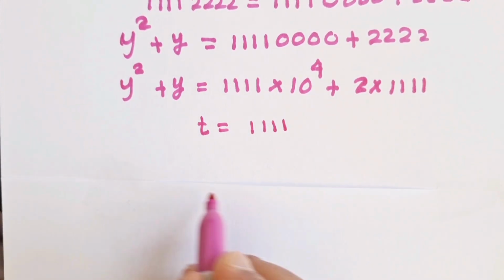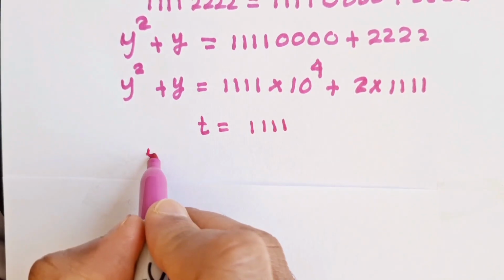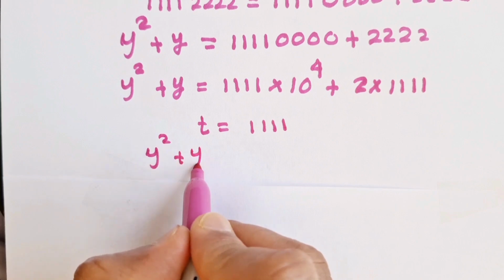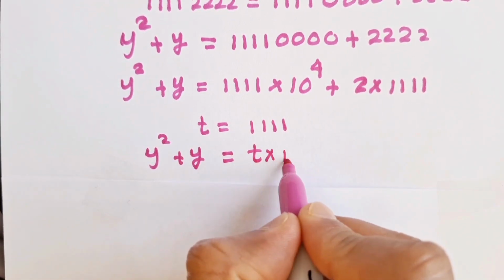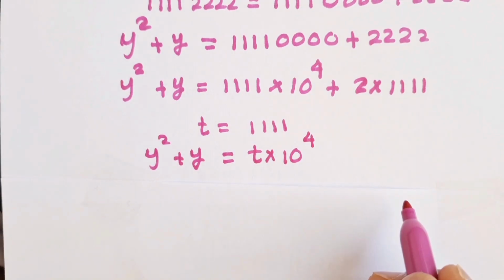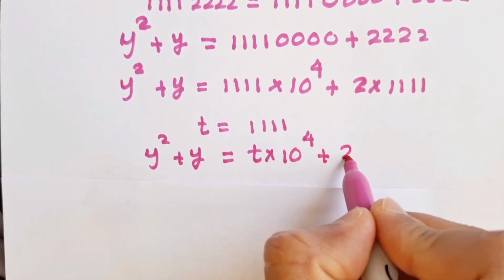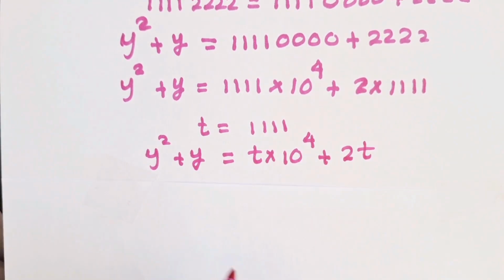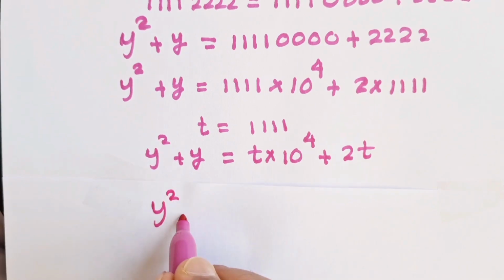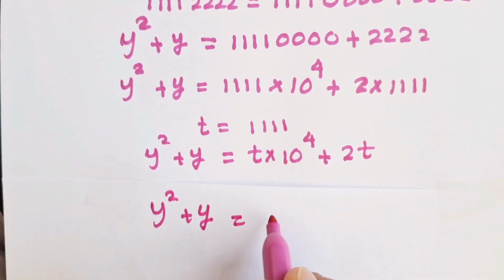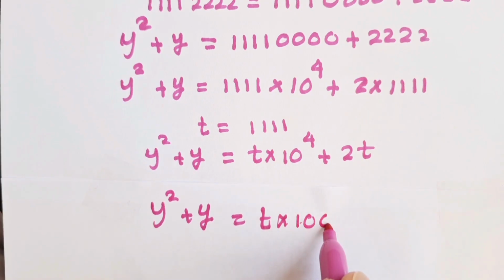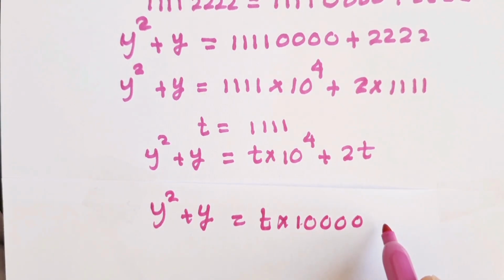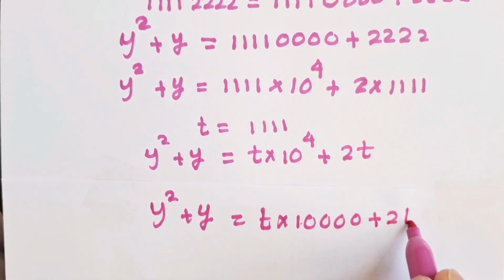I will take t equal to 1111. Then my equation becomes y square plus y is equal to t times 10 to the power of 4 plus 2 times t. Here t times 10 to the power of 4 means ten thousand t, plus 2 times t.